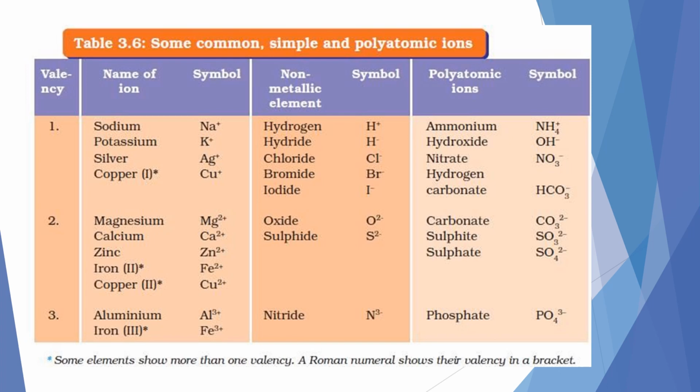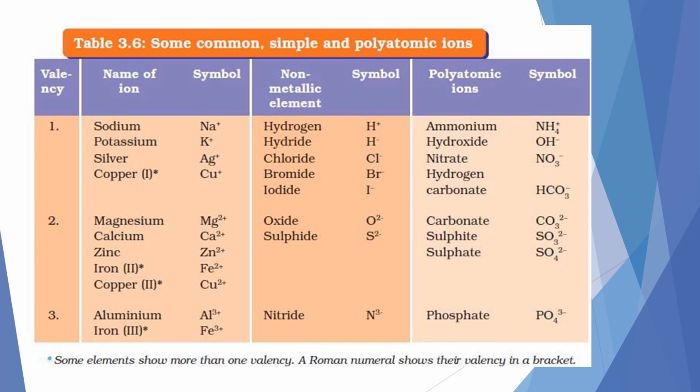So these all are metals. Here is the name of the ion, and here are the symbols. You have to learn this by heart. And here non-metallic elements, like hydrogen. First hydrogen, that is H plus. So here also valency is 1.